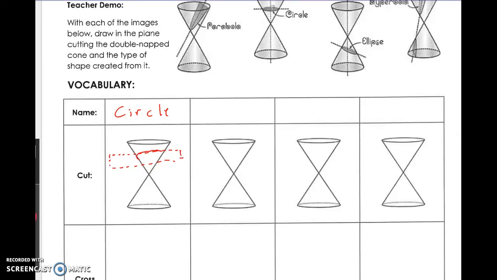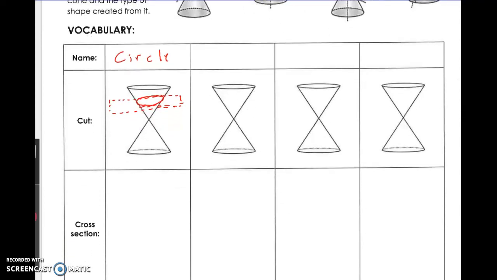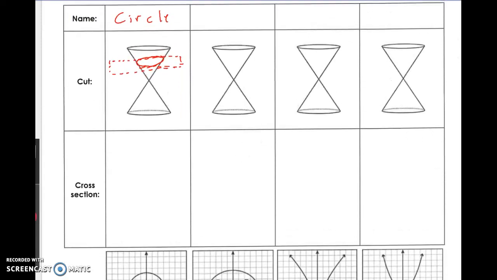That's where it would cut through the cone. Pretend that was straight. It would form a circle that's parallel to the tops and bottoms of the cone, and so the cross section will look more like an actual circle.